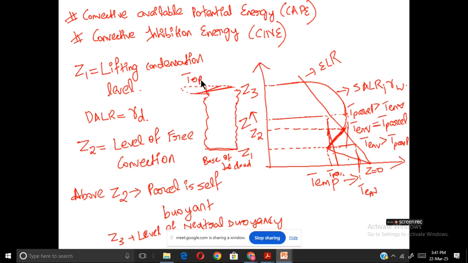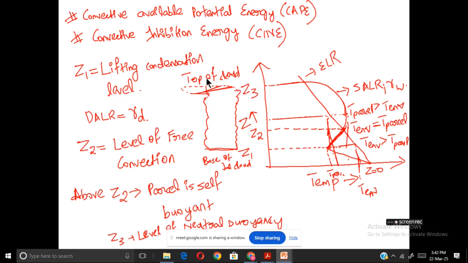I also told you one thing, that above the LNB the cloud cannot rise because that is almost the top of the troposphere, and above that the stratosphere starts. Above that is the stratosphere, and there the temperature is actually increasing with respect to height. So it will be difficult for the air parcel or cloud to develop further. So this will be the top of the cloud, at the level of neutral buoyancy.